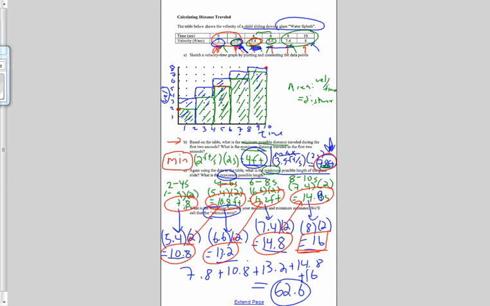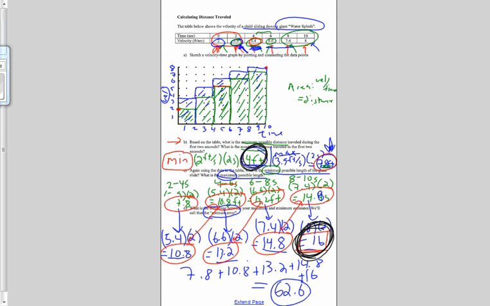So let's get that in black to distinguish it's different. My maximum approximation had 16. That's the only value that my minimum approximation didn't have. And my minimum approximation had this 4 feet, which my maximum didn't.